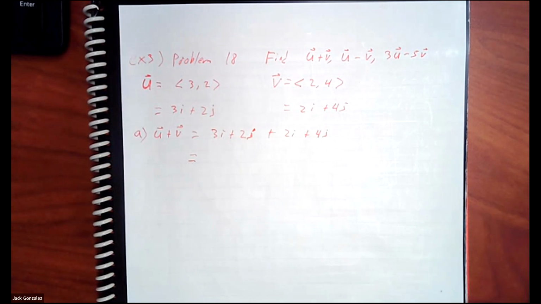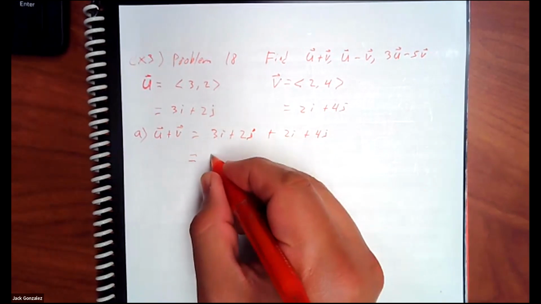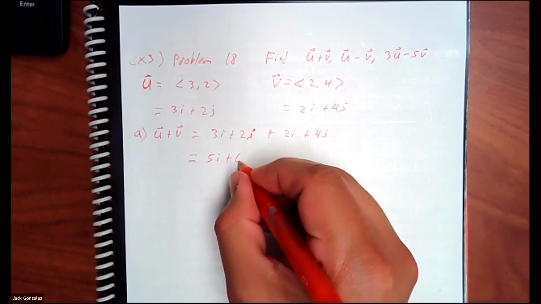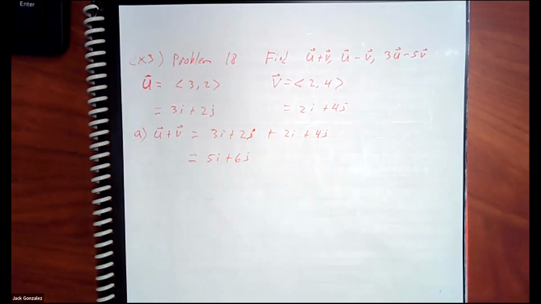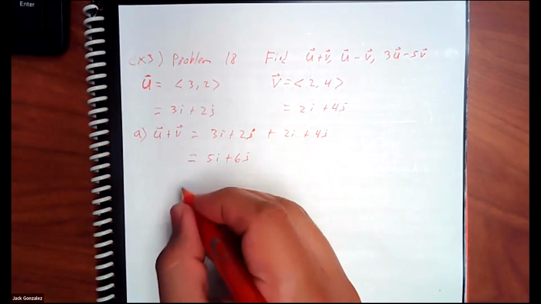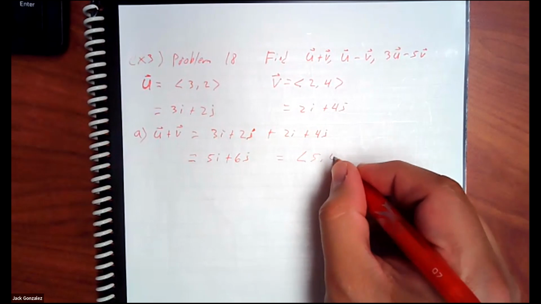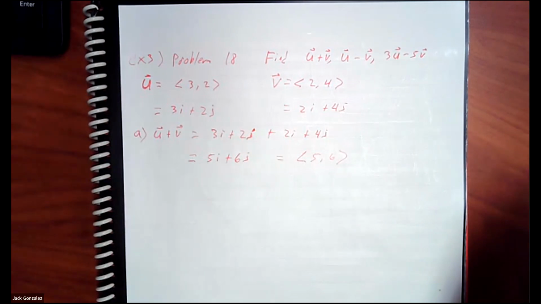So just add the i's together and the j's together. 3 plus 2, 2 plus 4. So there's the new vector, which can be written this way if you want, or leave it.